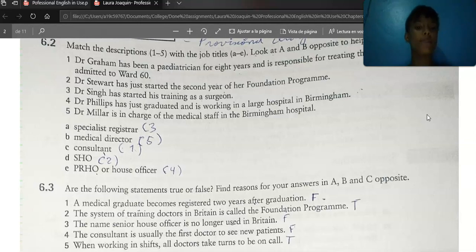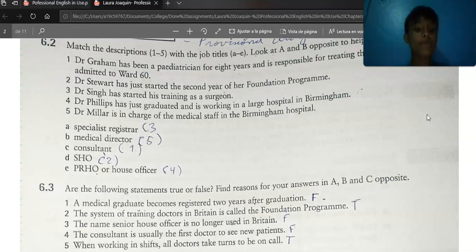Dr. Singh has started his training as a surgeon. That is a specialist registrar. Dr. Phillips has just graduated and is working in a large hospital in Birmingham. That is a PRHO or house officer. Dr. Miller is in charge of the medical staff in the Birmingham hospital.